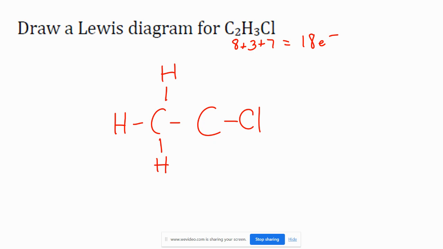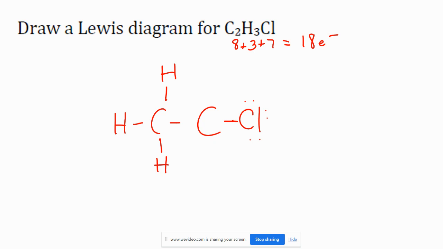And I'm going to go through and count how many electrons I've got placed so far. 2, 4, 6, 8, 10, 12, 14, 16. Did I count right? 2, 4, 6, 8, 10, 12, 14, 16.